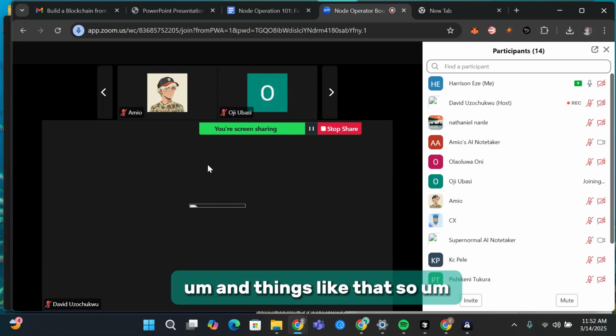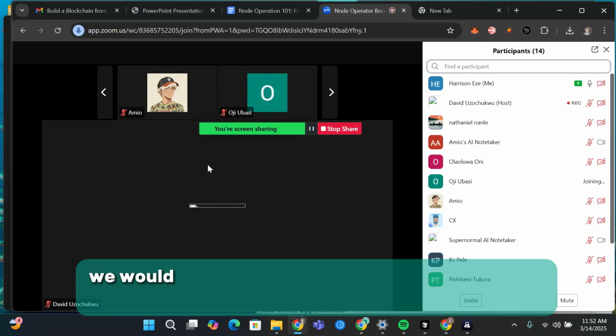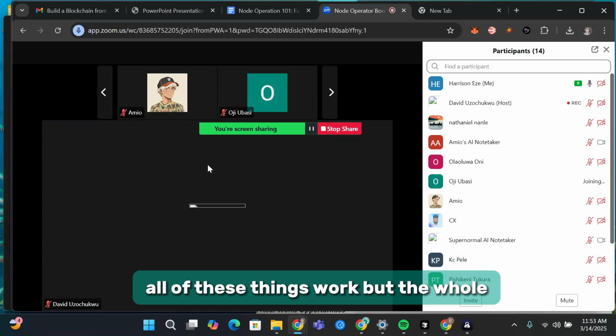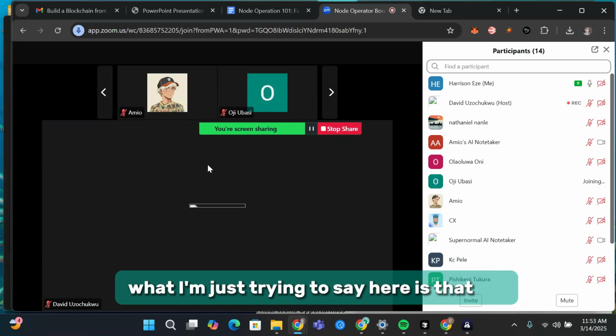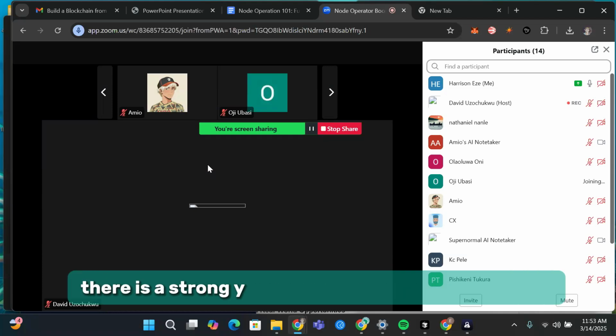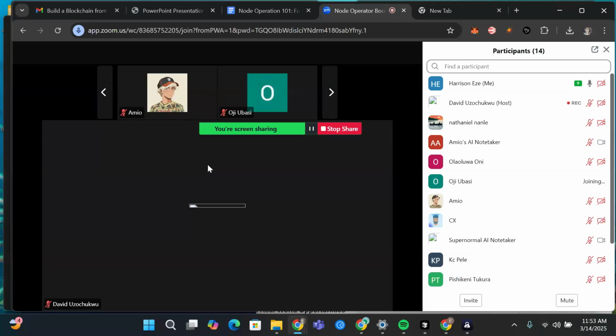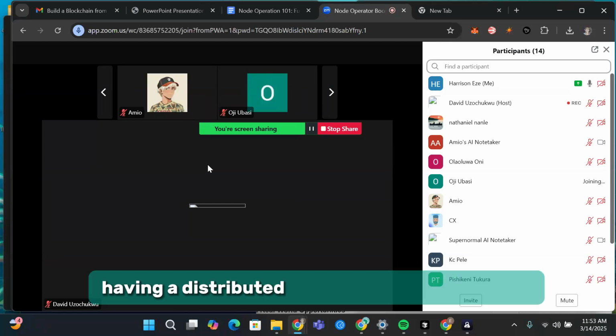So as we go on, we would have a better understanding of how all of these things work. But what I'm trying to say here is that for everything you see in the Web3 space, there is a strong why behind it. And that why is also tied to the philosophy behind having a distributed system like the blockchain.